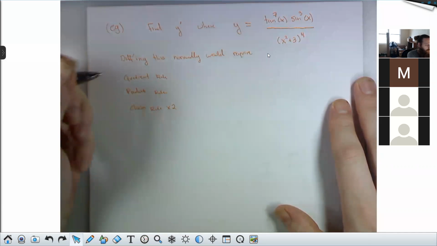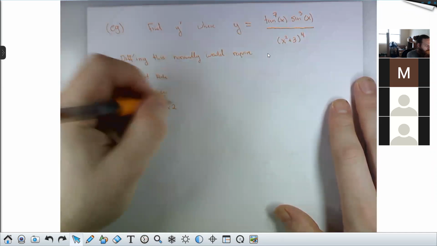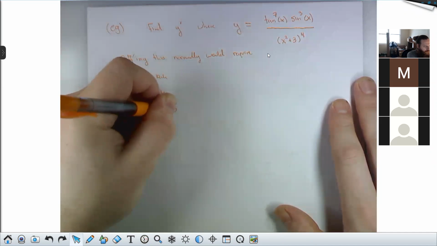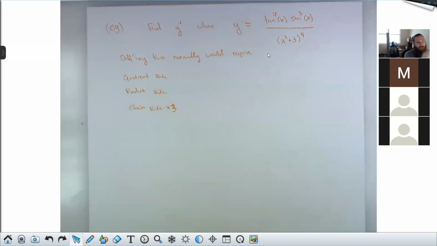Chain rule twice. Actually, chain rule 3 times. It's nasty, right? You need a chain rule when you go to differentiate tangent to the 7. You need a chain rule when you differentiate sine cubed, and you need a chain rule when you differentiate this piece.